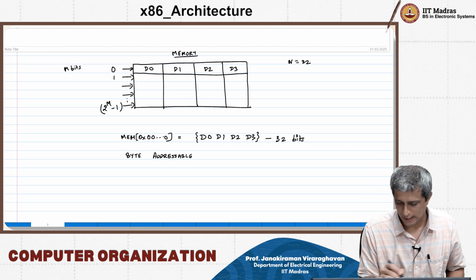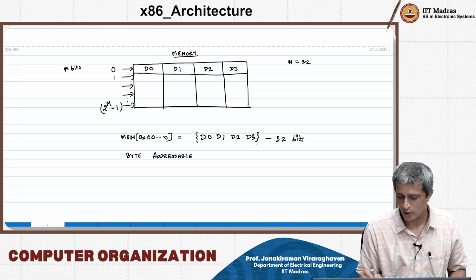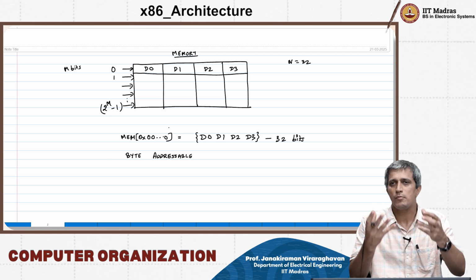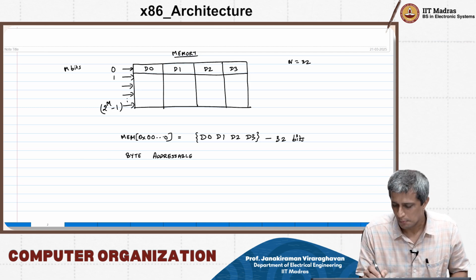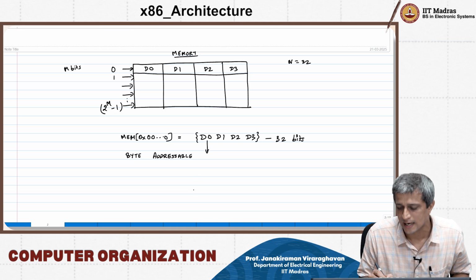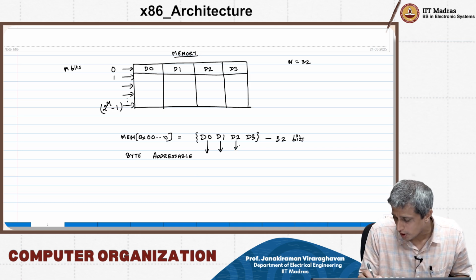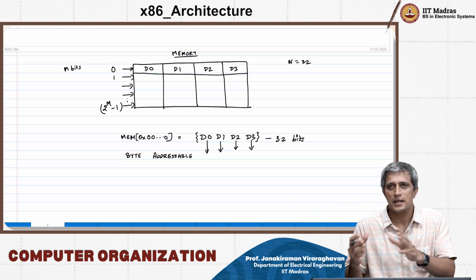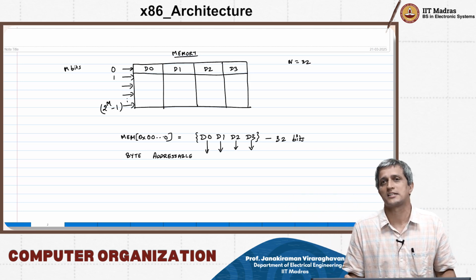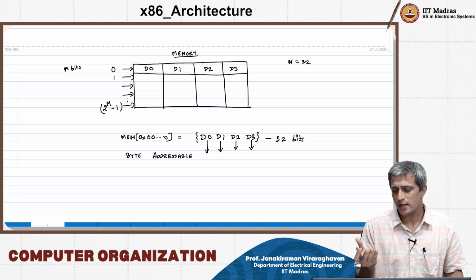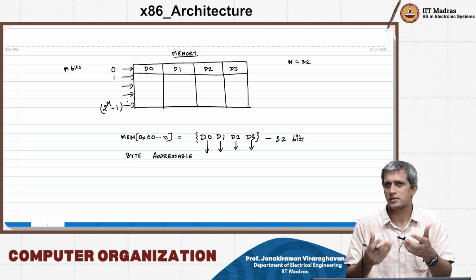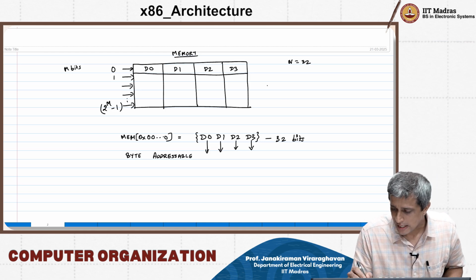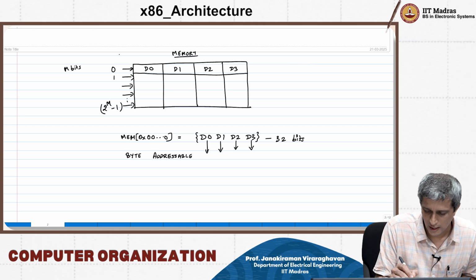So for example, if you read the memory, it might give you 32 bits, but I should be able to access either D0 or D1 or D2 or D3 as separate bytes, and that is what we call byte addressability, right?